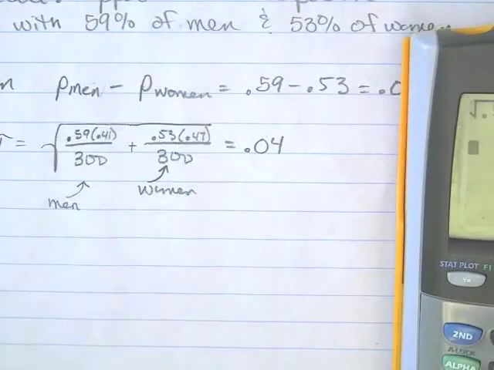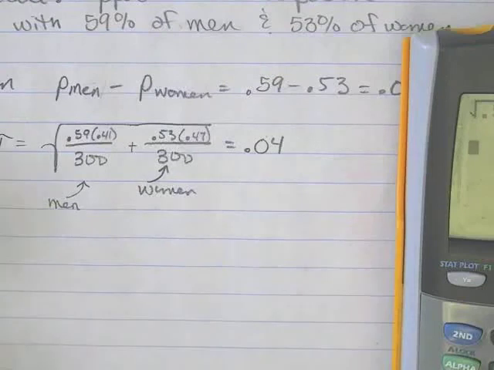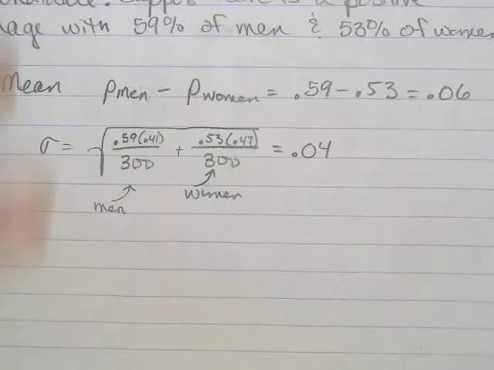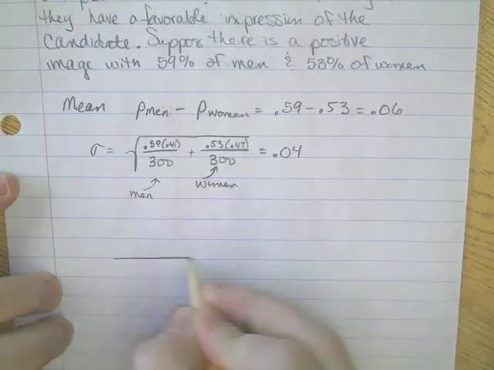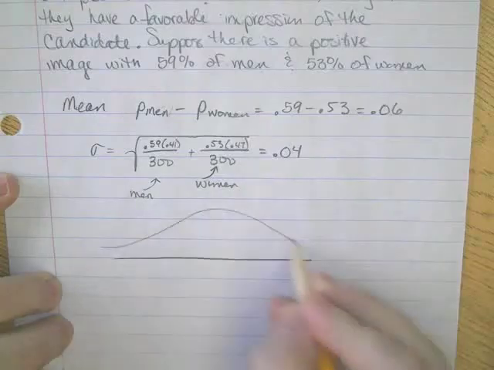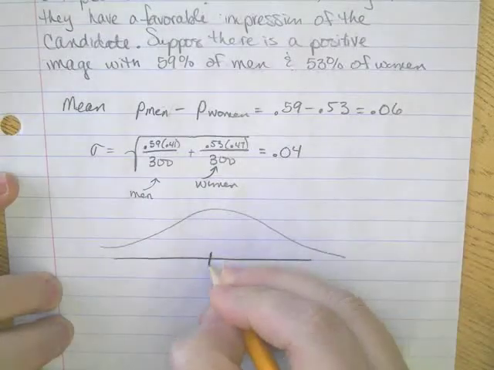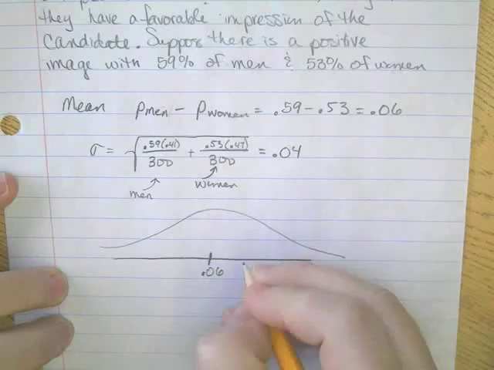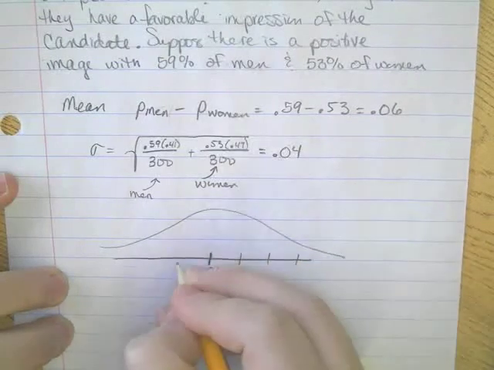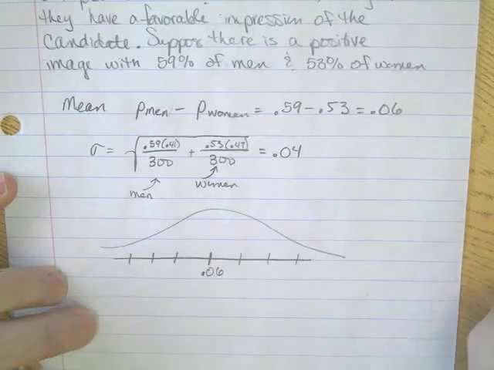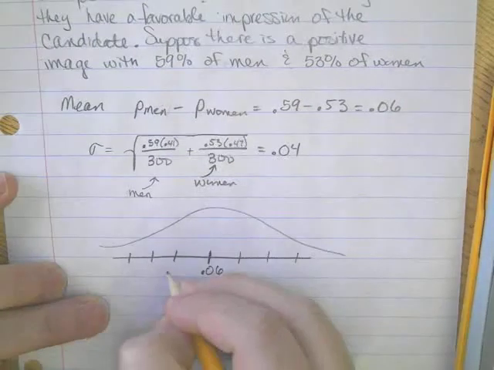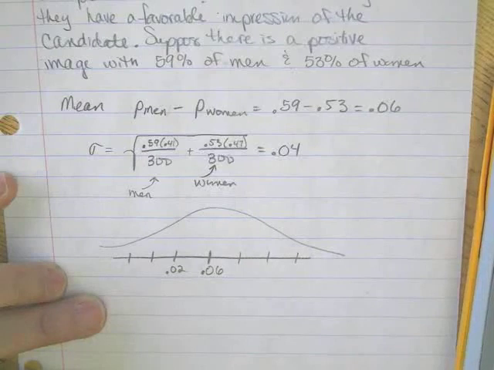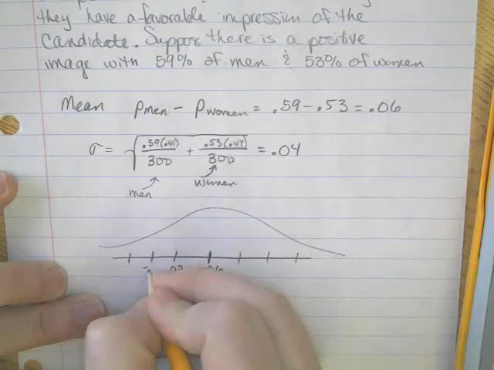Another thing that we'll have to be able to do is draw a curve. So let's set up our normal curve. The mean is the difference, which is 0.06. Then we go 3 standard deviations to the right and 3 to the left. My curve's kind of off, but that's okay. So 0.06 minus 0.04, and again. Now I'm going to get negatives, but that's okay.